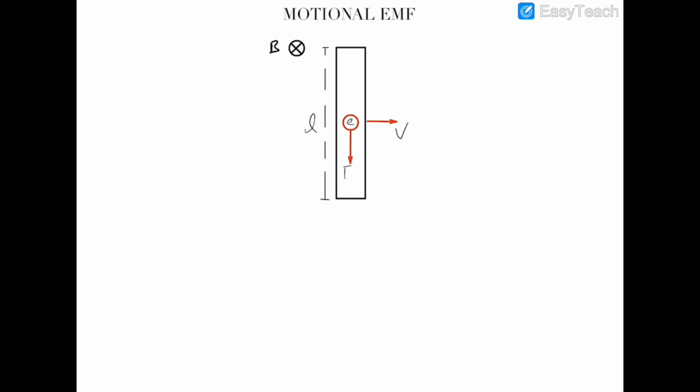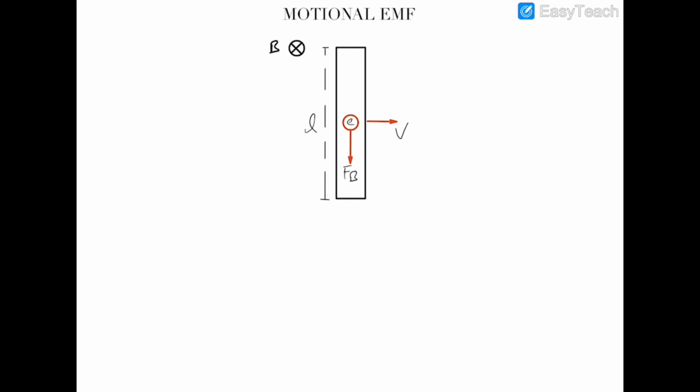You should remember that this electron is a negative charge. So by using Fleming's left hand rule, you would be getting the force acting on a positive charge, and you should invert the direction of that force because this charge is a negative charge. So the magnetic force acting on this charge would be in the downward direction.